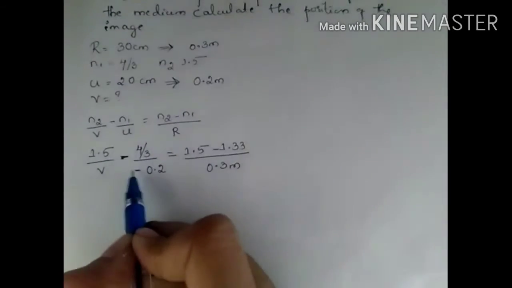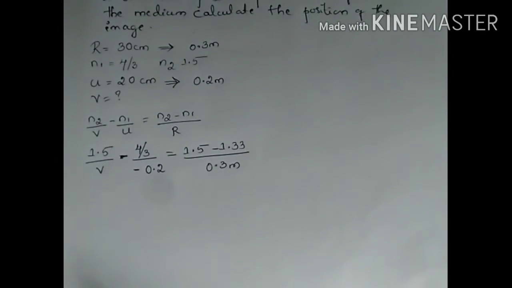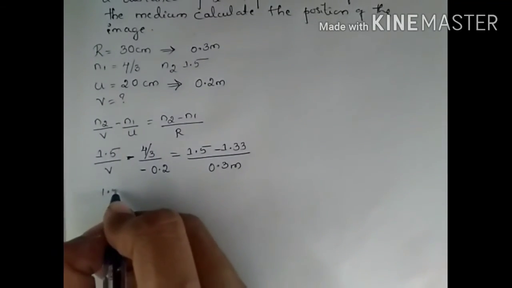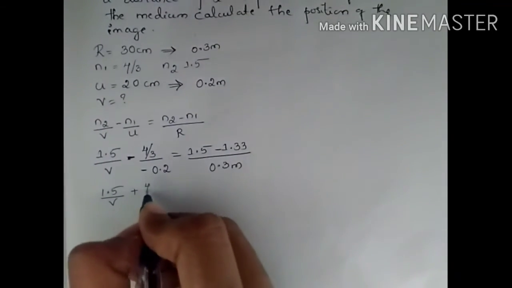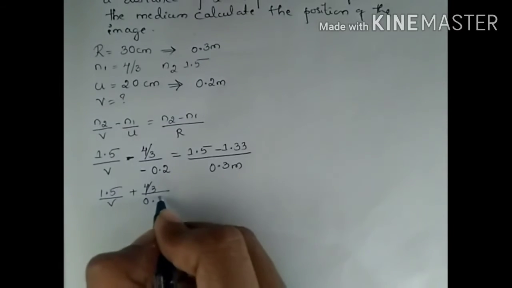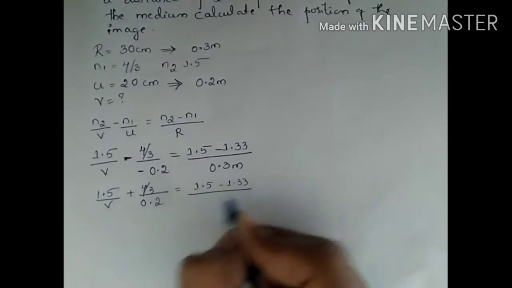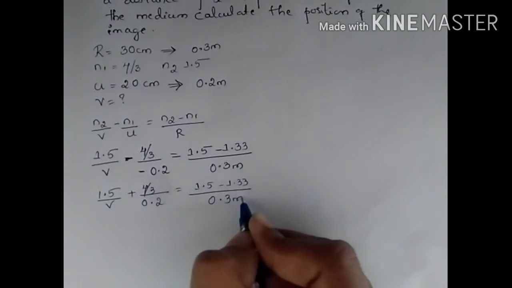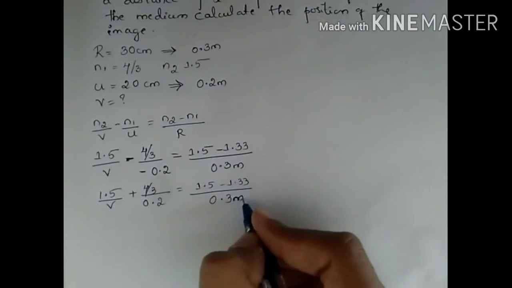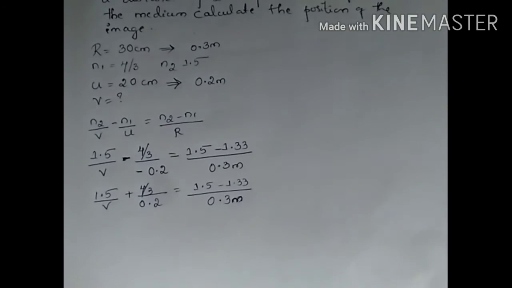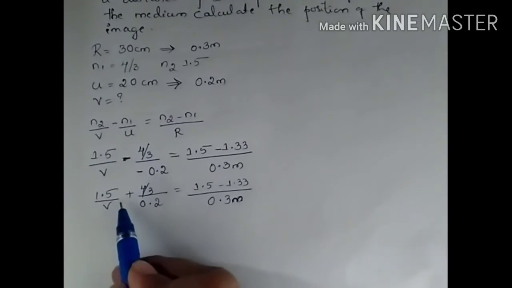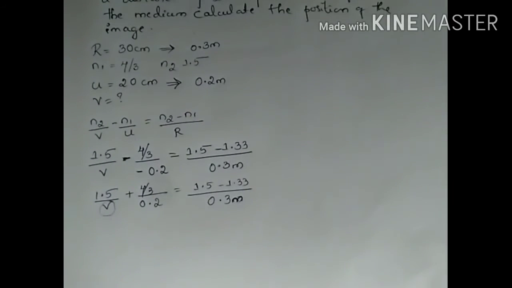Now minus will get multiplied and this becomes plus: 1.5 by V plus 4/3 by 0.2 is equals to 1.5 minus 1.33 divided by 0.3 meters. So what we need is the position of image.